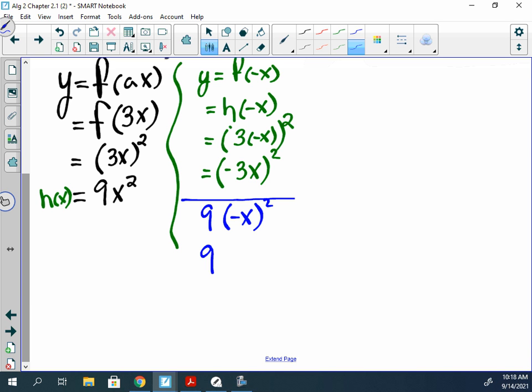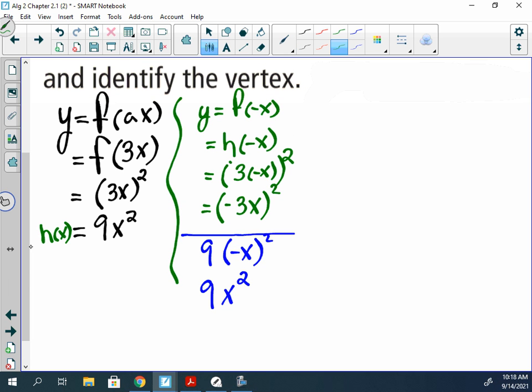Well, again, I just have the negative x squared, yes? Negative x times negative x is just x squared. I'll call it m of x because we're not quite done.